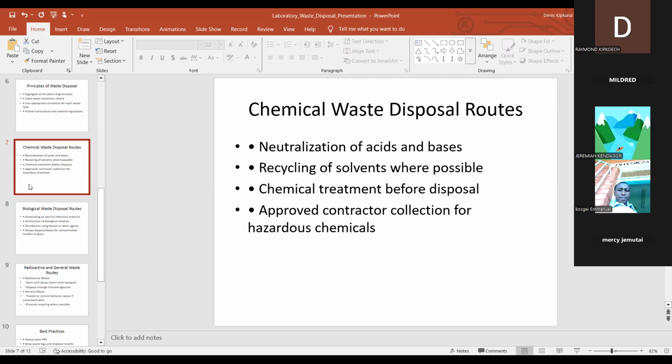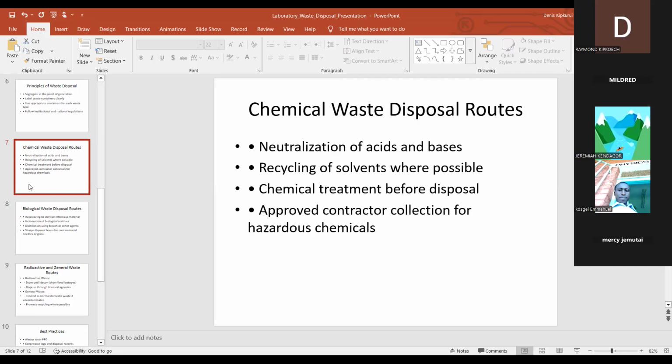Leonard? Okay, we have a yellow color. Yes, that's true. We use the yellow color bin to dispose the sharps in the laboratory, and that is according to the OSHA protocols and the SOPs.